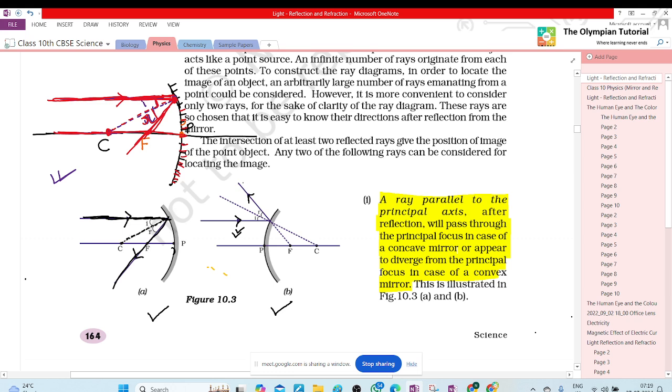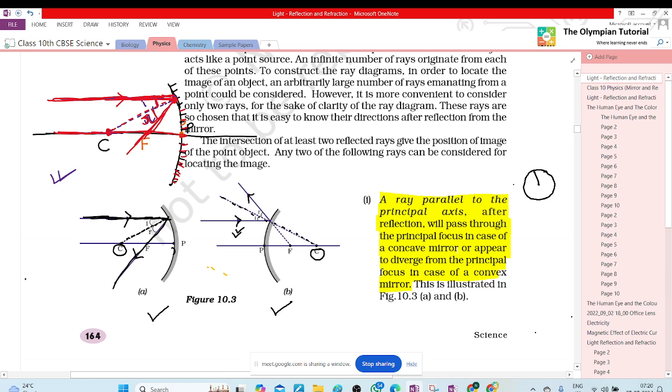And one more thing: focus on this line. This one is the normal. Sometimes this question is asked: the normal of any spherical mirror will go through the center of curvature. The normal is always through the center of curvature. The reason is that the normal is at 90 degrees, and a spherical mirror is cut from a sphere.